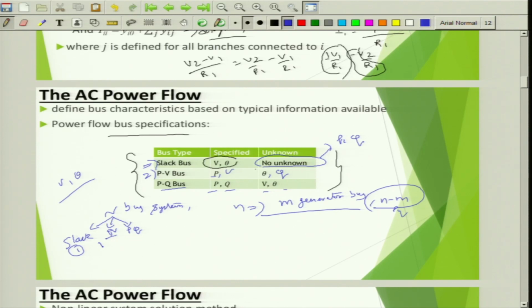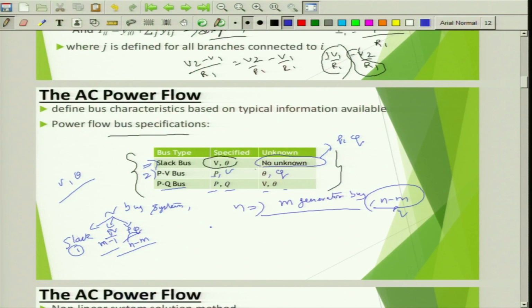It will be m minus 1. M are the generator buses, 1 is the slack bus. Slack bus plus PV buses equals generator buses. So PV buses are the total generator buses minus the slack bus, which is m minus 1. N number of buses, m total generator buses, it will be n minus m load buses.